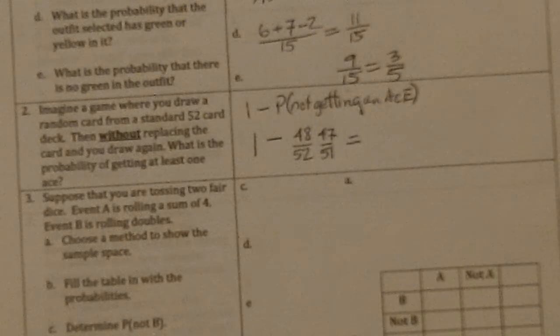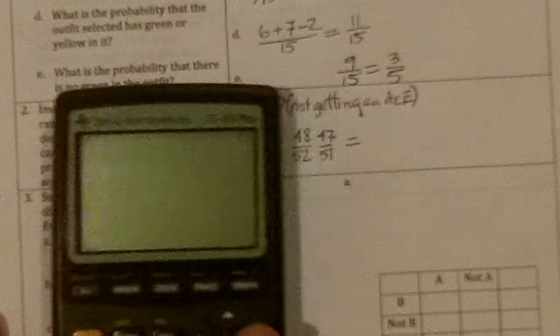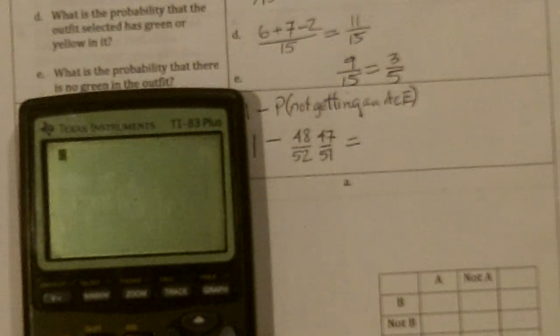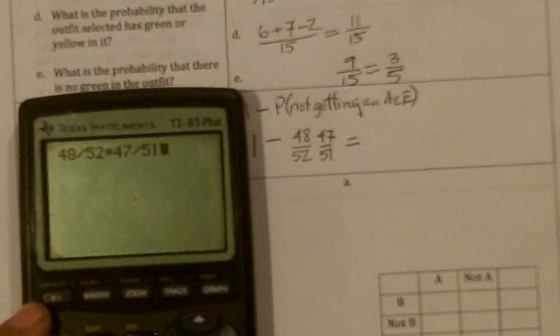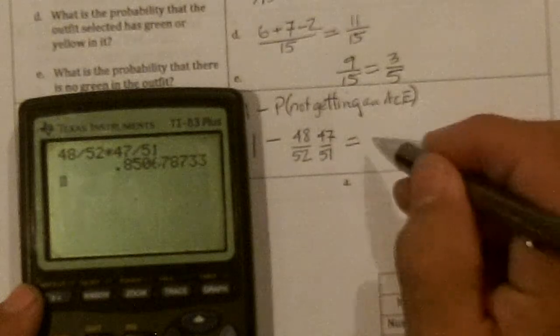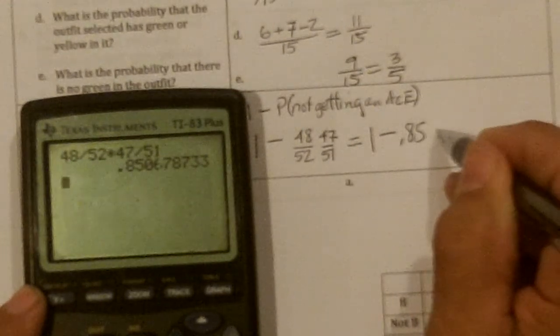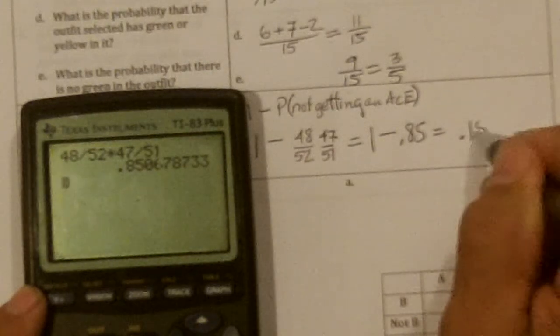So I would pull out my calculator and see what that comes out to be. So if I do 48 divided by 52 times 47 divided by 51, I get 0.85. So I have 1 minus 0.85, which is 0.15.